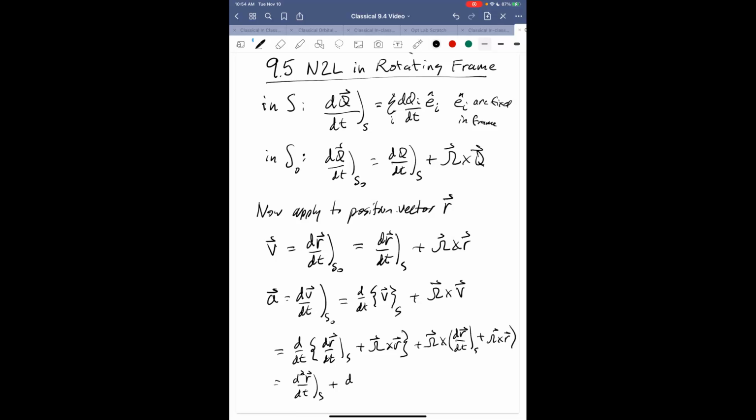So the result is d omega dt crossed with r plus omega crossed with dr dt. And then over here, I'm going to get two terms. I'm going to get omega crossed with dr dt, and then omega crossed with omega cross r. Hopefully you can see this, just that same term there, running out of room.